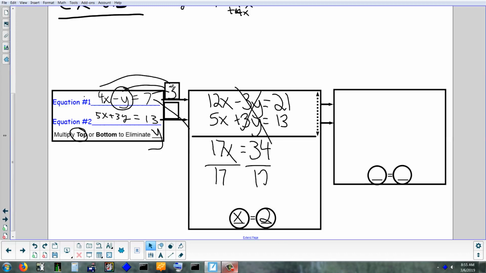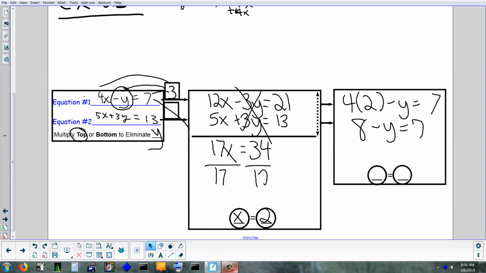What am I going to write? 4 parentheses 2 minus y equals 7. So guys, and I saw somebody do it earlier, just be careful. When you're plugging in, make sure you go back to the original. Don't go to the one you multiplied by. Make sure you go back to the original. All right? 4 times 2, 8 minus y, 7.